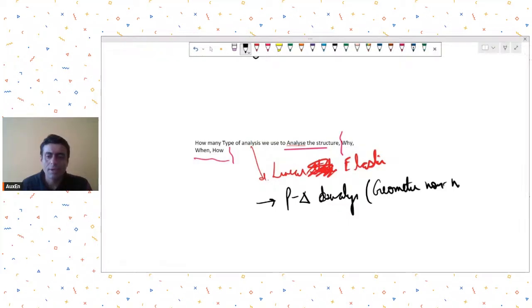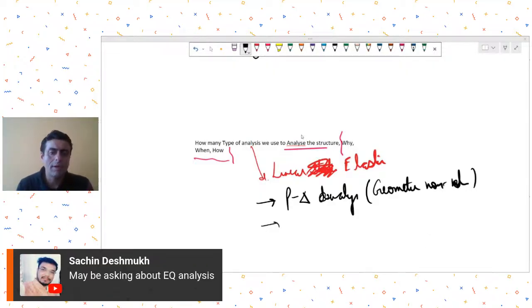So the member deformations we consider in this kind of analysis. Okay. Material nonlinearity, generally we do not consider in our normal practice. I've not seen practicing engineers considering it, and we don't know it well also. So we don't usually consider the material nonlinearity in any of our analysis.